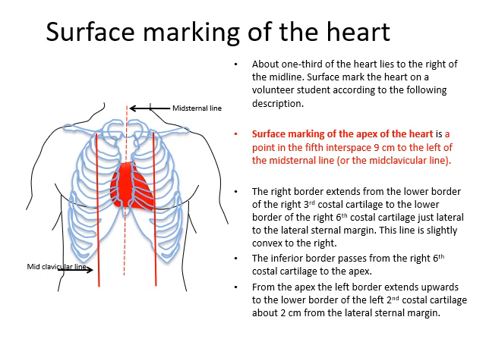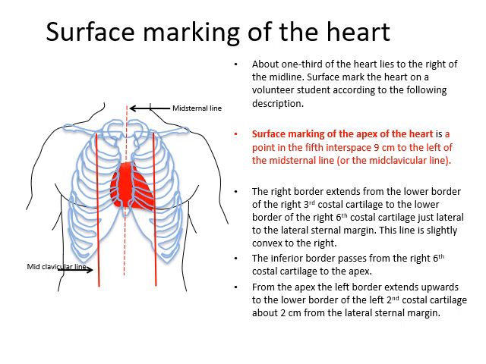Alright, then we'll talk about the borders of the heart and how we do that. The right border of the heart extends from the lower border of the right 3rd costal cartilage to the lower border of the right 6th costal cartilage.